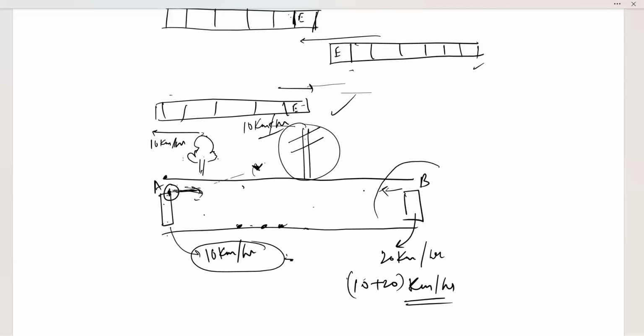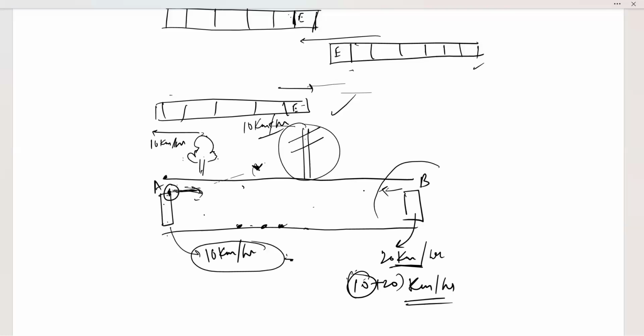If I am the mosquito, it is coming towards me. B is coming towards me at the speed at which the entire world, the entire universe, is traveling, which is 10 kilometer per hour. Okay, this speed. But then it observes that B itself is not stationary, it is traveling at a speed of 20 kilometer per hour.